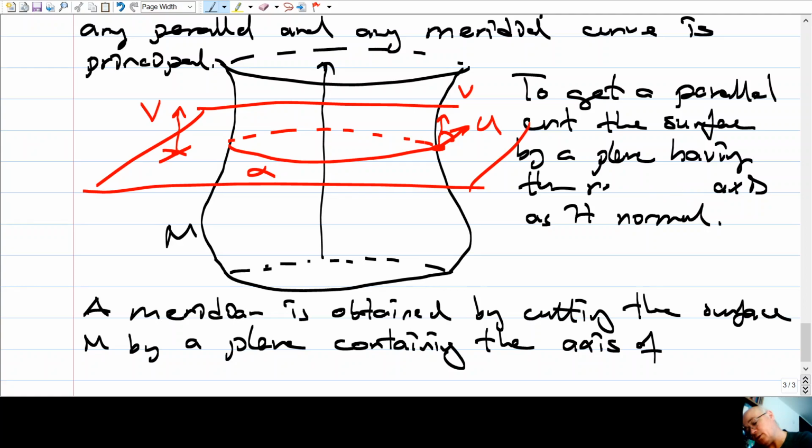So if I just take a plane containing this line and cut the surface via that plane, I will get a meridian curve. So let me draw a meridian curve. This is a meridian curve.